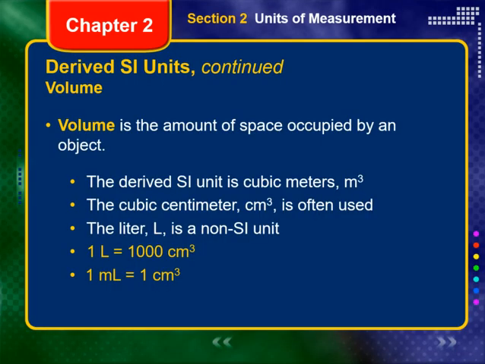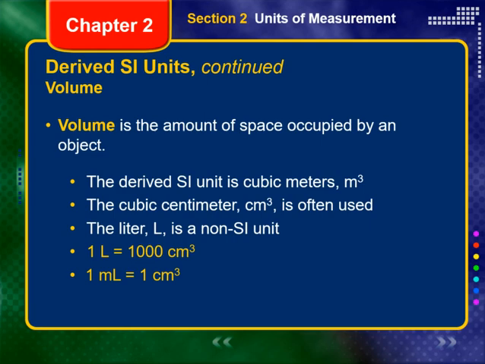When chemists measure the volumes of liquids and gases, they often use a non-SI unit called the liter. The liter is equivalent to 1 cubic decimeter. Thus, a liter, represented by a capital L, is also equivalent to 1,000 cubic centimeters.